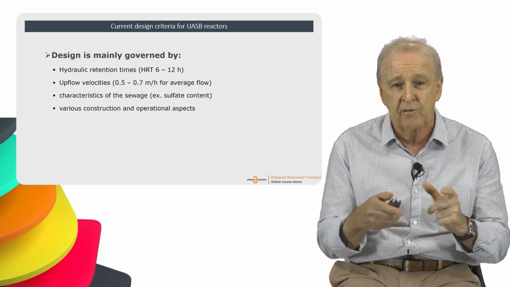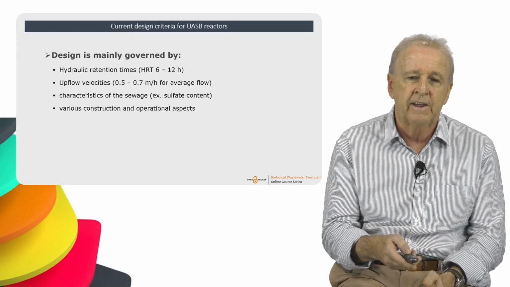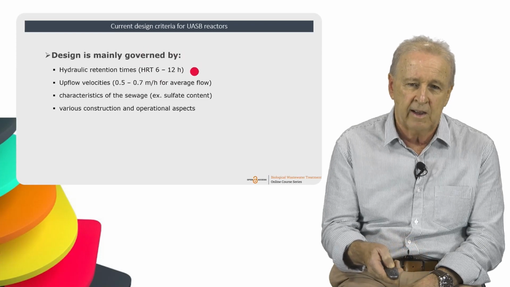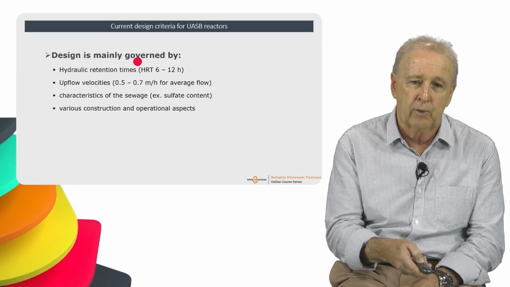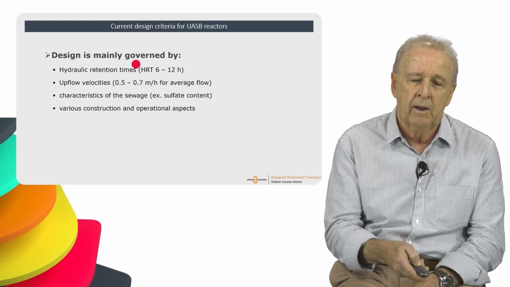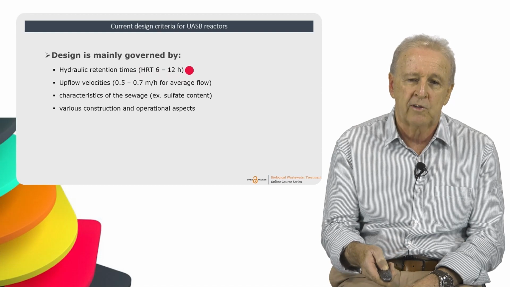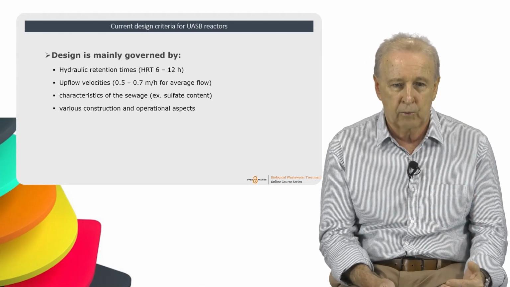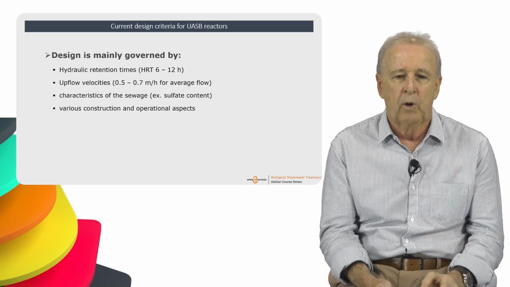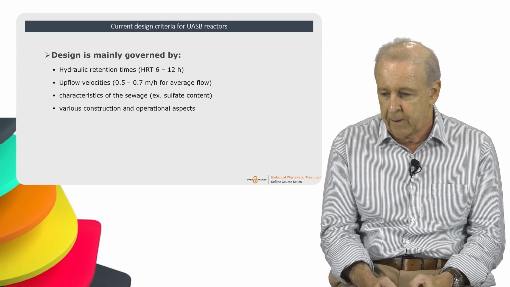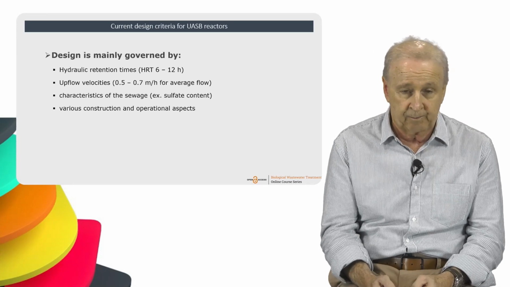The size, the volume of the reactor will be dictated by the flow rate, because the hydraulic retention time is the most important design parameter, because the volume will be dictated by the hydraulic retention time and not by the organic loading rate. This is different from what happens when we are dealing with industrial effluents.